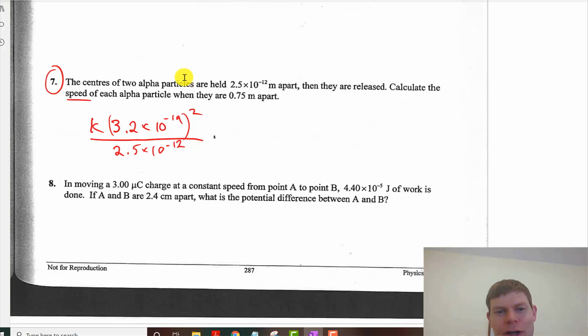Notice again, we've got an astronomical difference between the potential energy before, because this term is so small, and afterwards they're 0.75 meters apart. So the difference in energies is off by a factor of like 10 to the 11, or something ridiculous, so we're not even going to bother writing it.